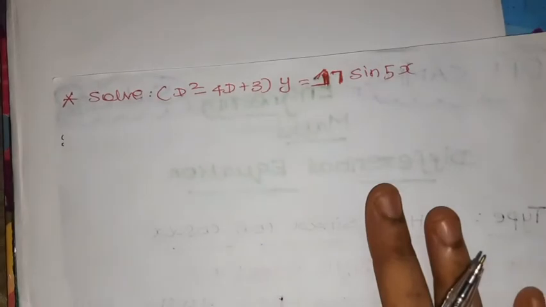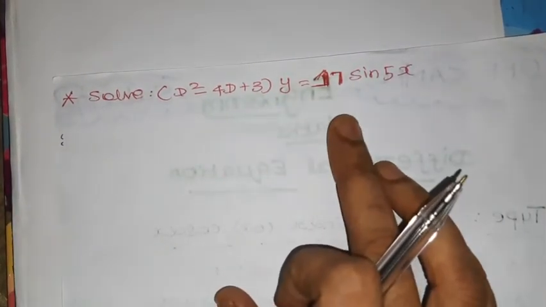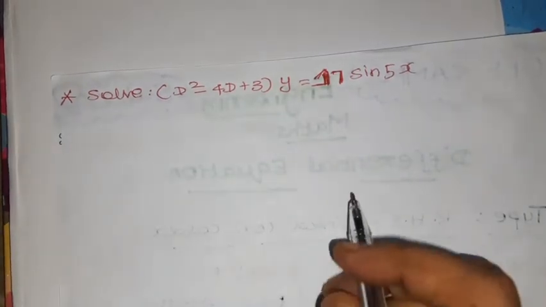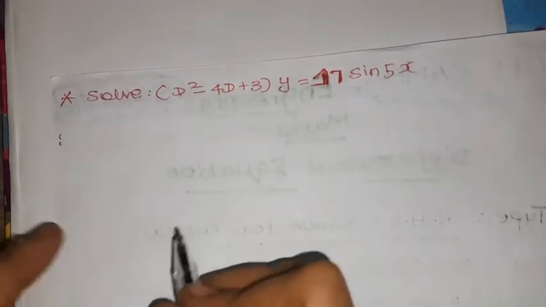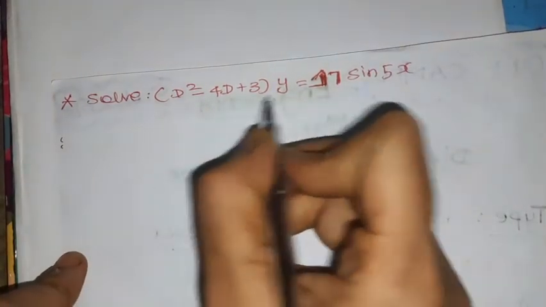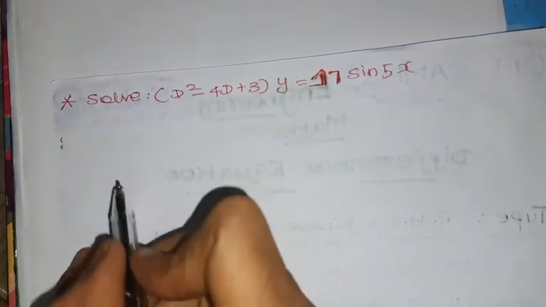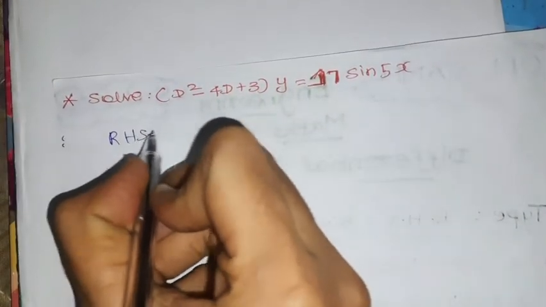We will solve one more problem of this type. Solve (D squared minus 4D plus 3) y equal to 17 sin 5x. So what is the first step? This is in the form of f(D) y. First we need to assume RHS equal to 0.